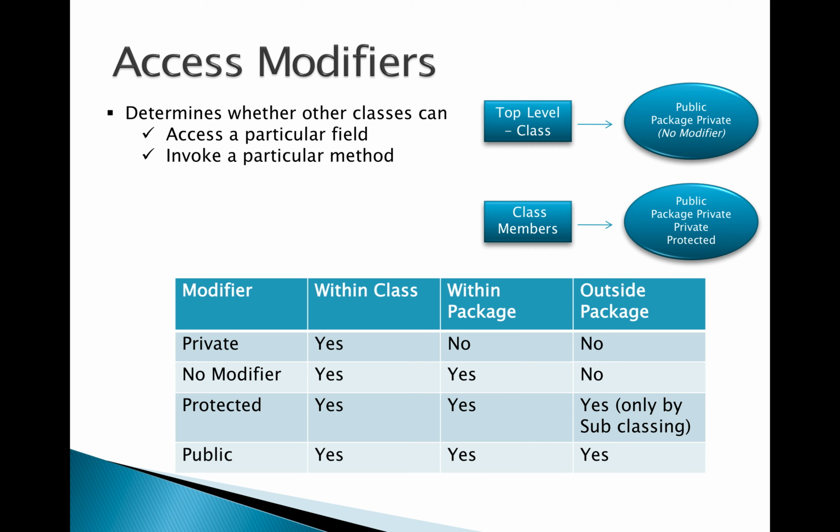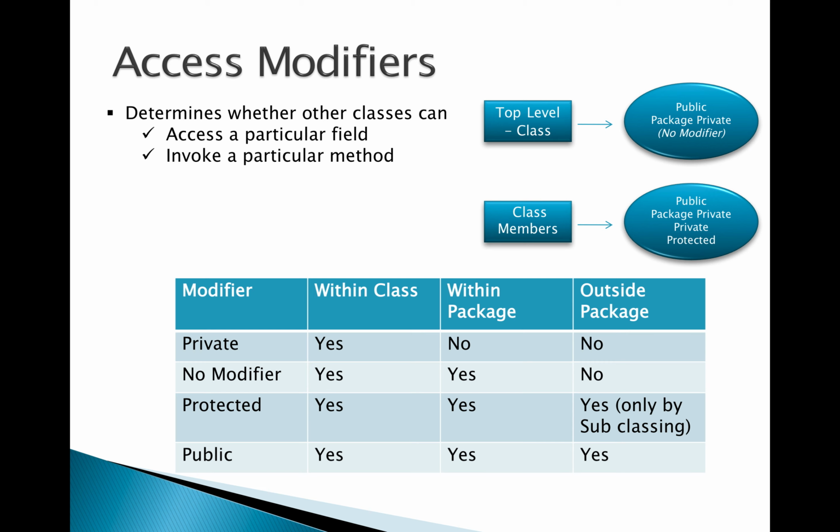You can write one more class within the same package, but from that class, if you try to access a private member, you will not be able to access it. Outside the package, in a totally different package, you cannot access them either. So private members can be accessed only within the class.